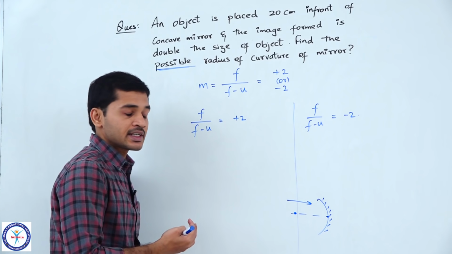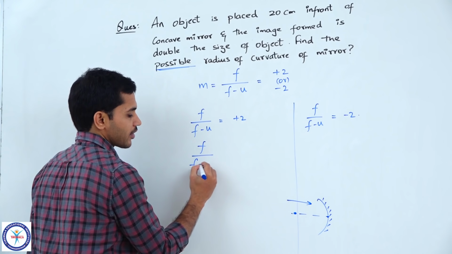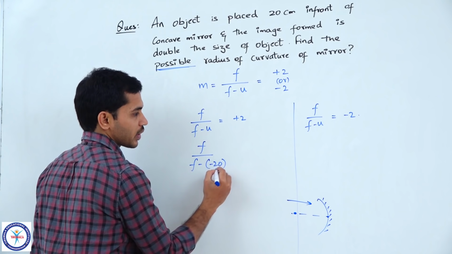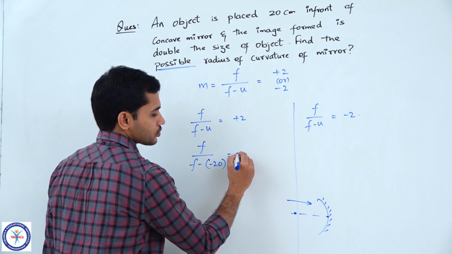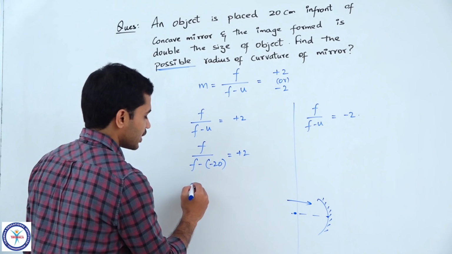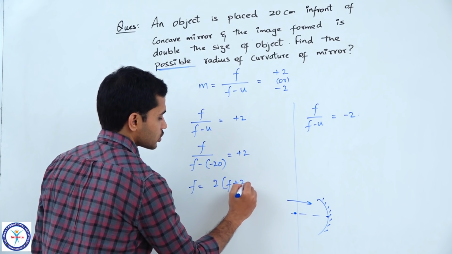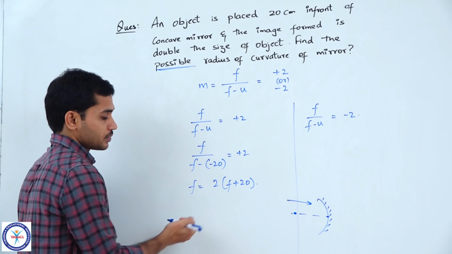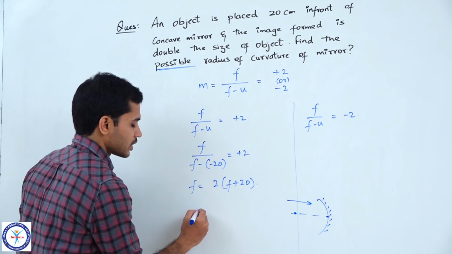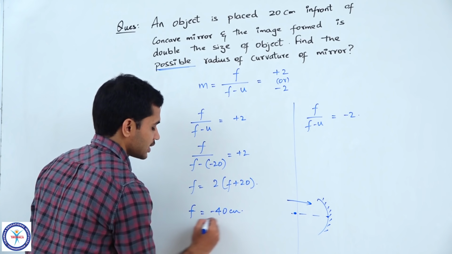So, I should be considering it as minus 20. While substituting the values, I should be writing it as f by f minus minus 20 is equal to plus 2. Simplifying this expression, you would be getting f is equal to 2 times f plus 20, and solving this you will get f is equal to minus 40 centimeters.